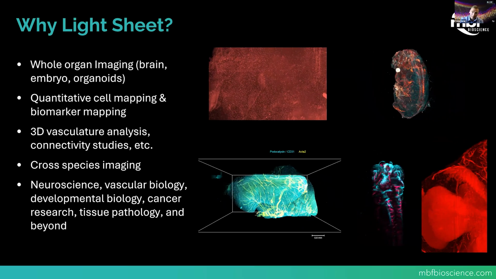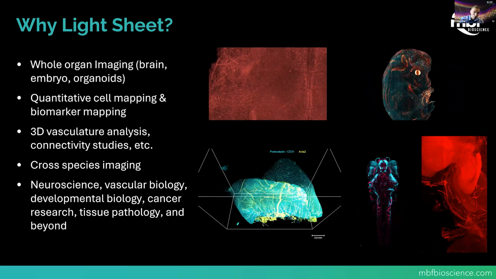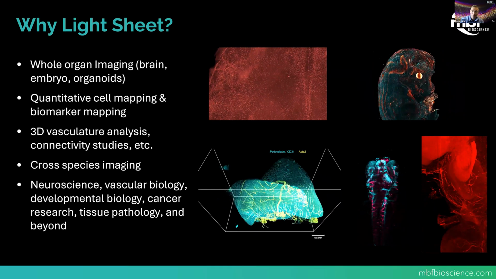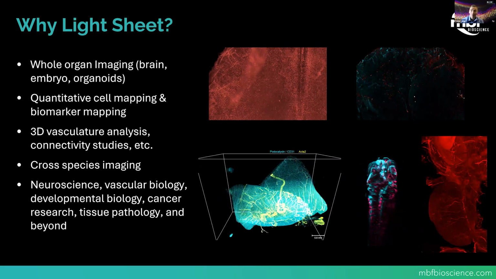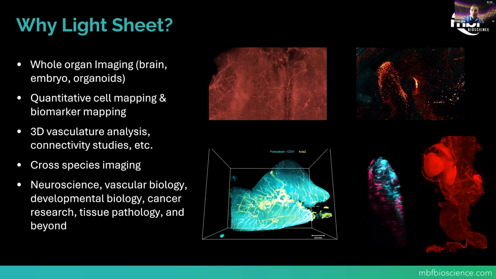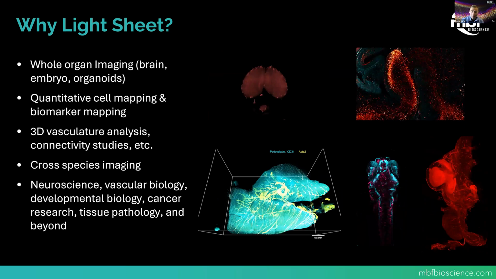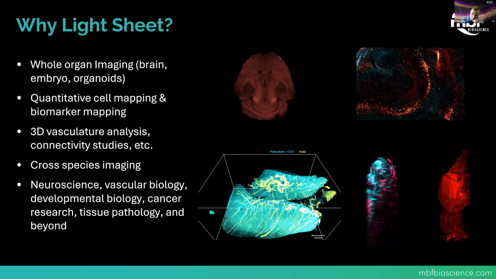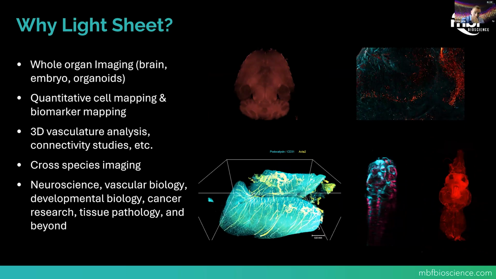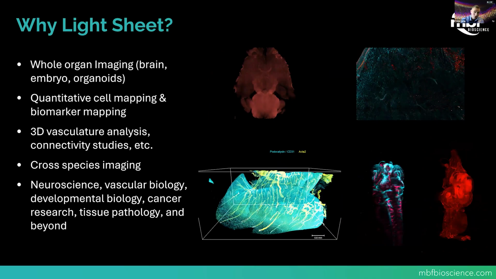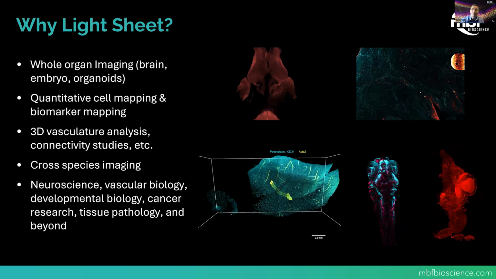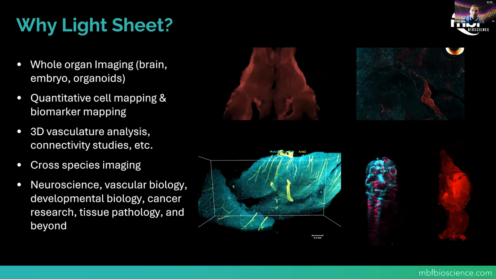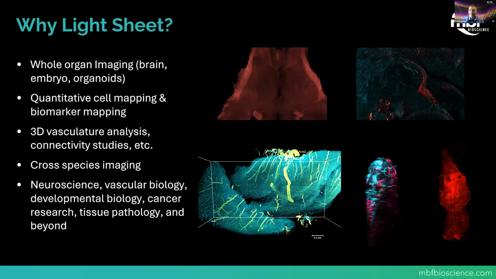So as you can see, all different samples, all different clearing techniques, all imaged with the same system without making any changes whatsoever to the hardware. You simply drop in whatever sample you want to image, and you can achieve results such as this. All these movies that you're seeing were actually generated by the BrightSlice software as well, which I'm about to talk about right here.